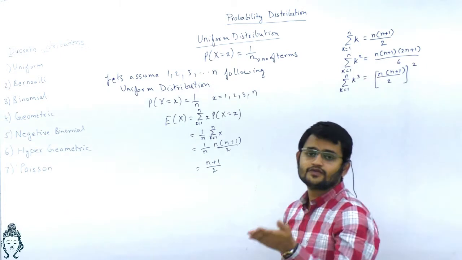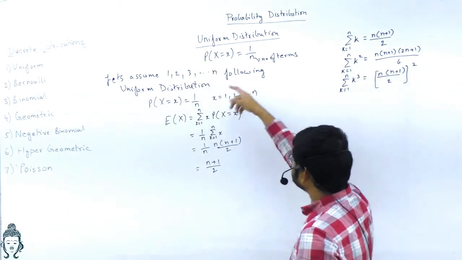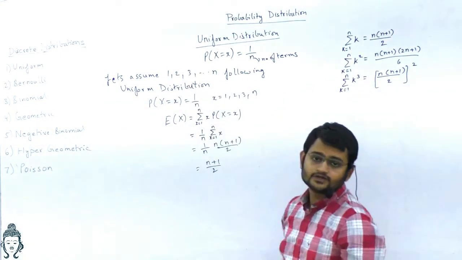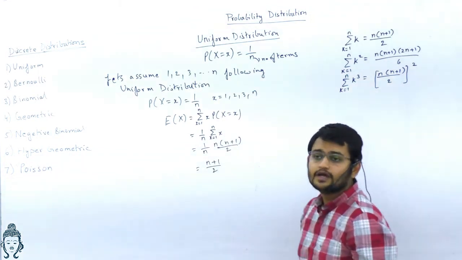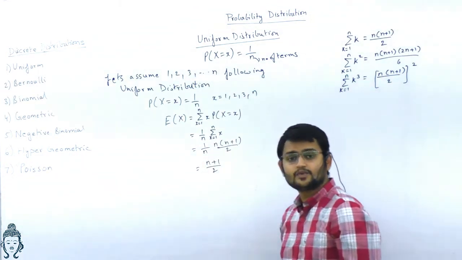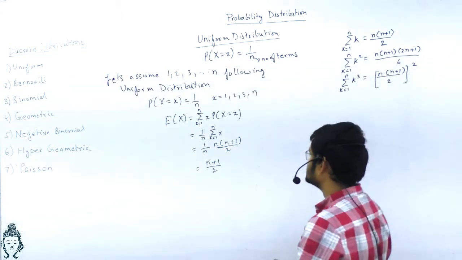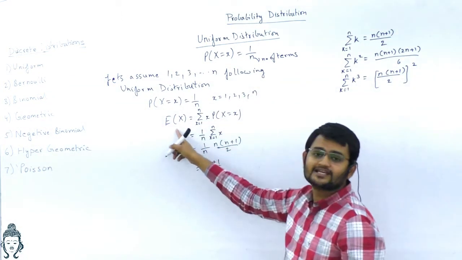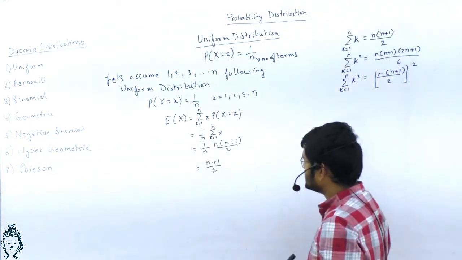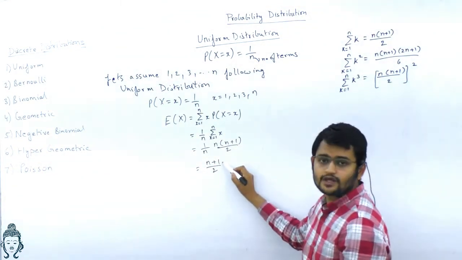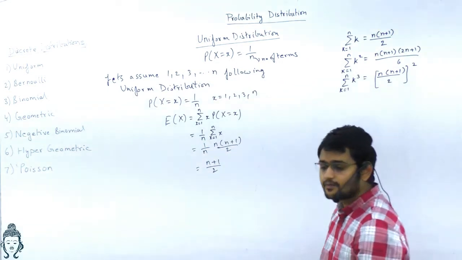Each value of the dice, 1 to 6, is following uniform distribution. We are going to assume that each of the values has the same probability 1 by 6. So if we want to find the expected value that we can get from a roll of dice, it is going to be 6 plus 1 by 2, that is nothing but 3.5.